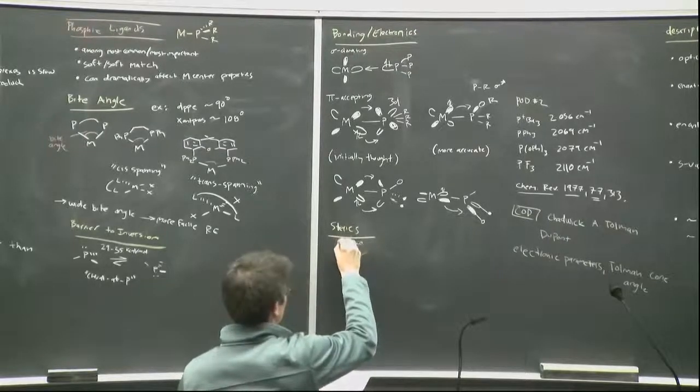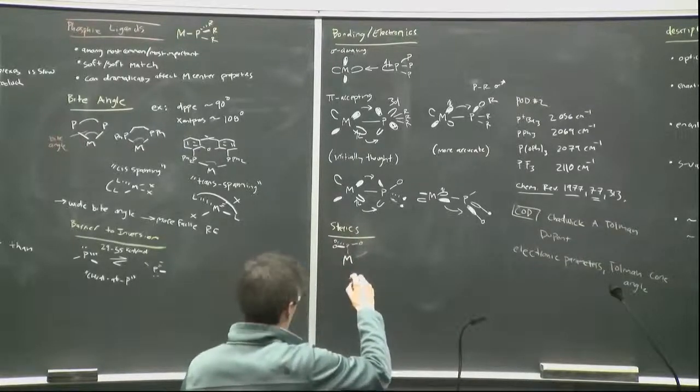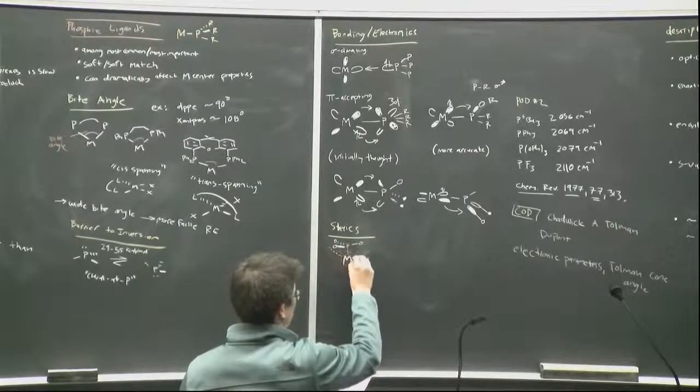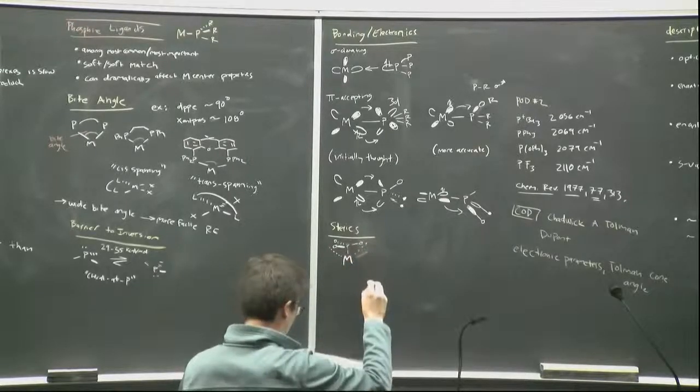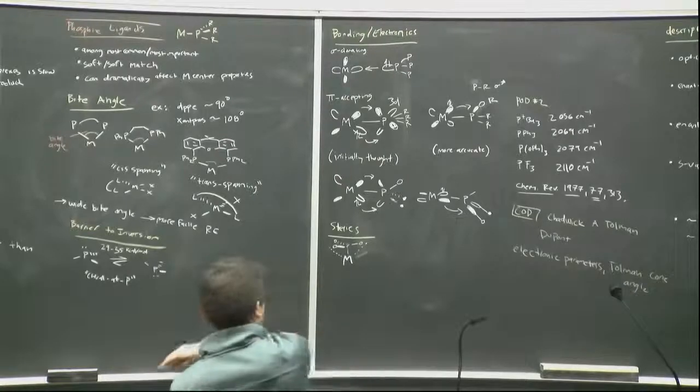So to make these initial measurements, Tolman actually just made ball and stick models. I think they had really good ball and stick models back then, and used a protractor and just measured this angle.